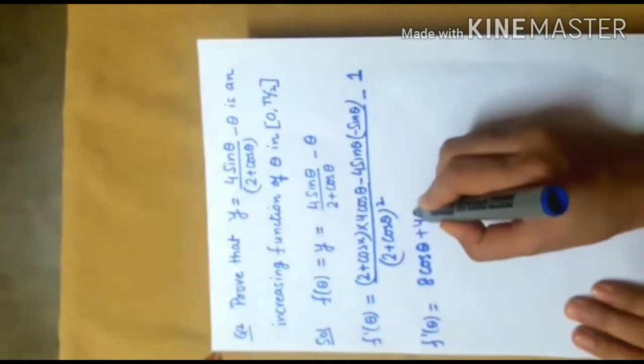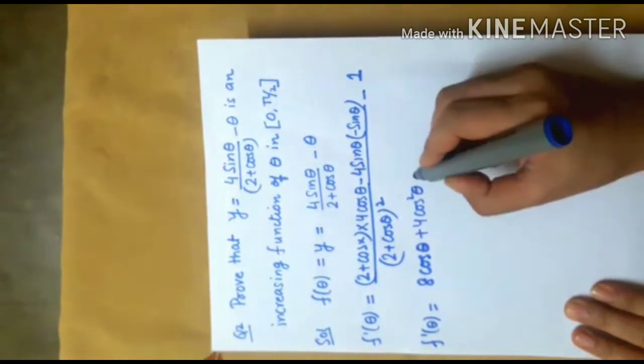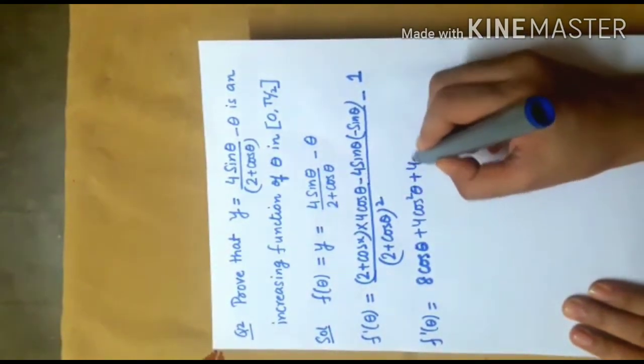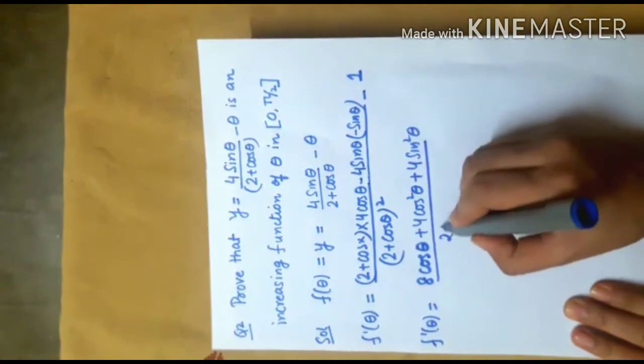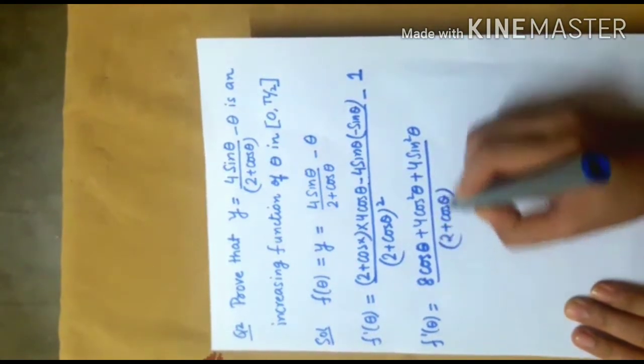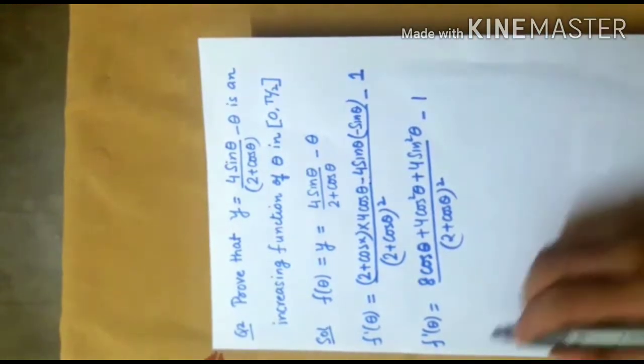On simplification, I'll get (8 cos theta plus 4 cos square theta plus 4 sine square theta) divided by (2 plus cos theta) whole squared, minus 1.